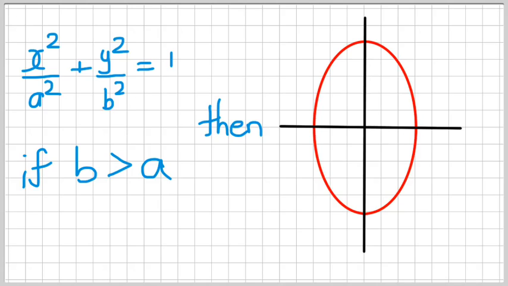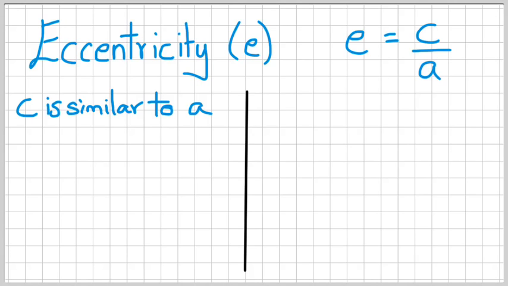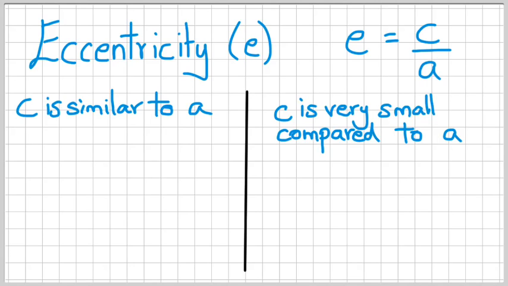And now for the last thing, guys. This is called eccentricity. What is eccentricity? It's basically looking at the ratio between c and a. There could only be 2 situations that can happen. One, where c is similar to a, or 2, c is very small compared to a.